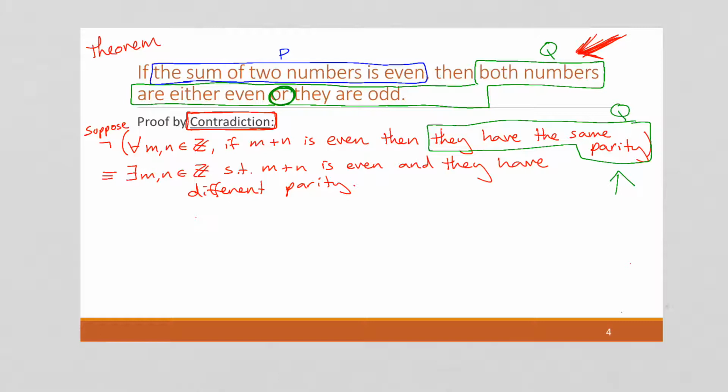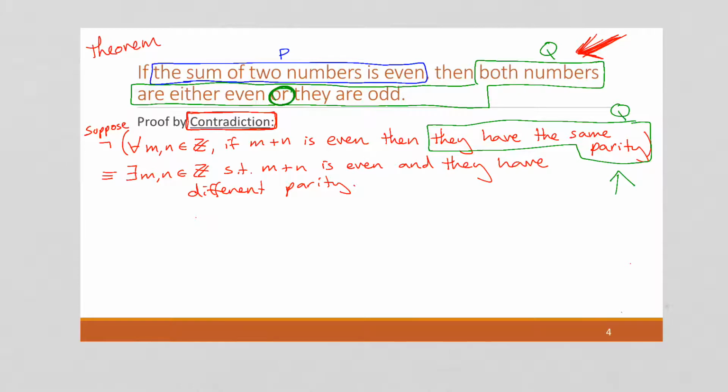At the end of this video, you'll see I have a typed up version where I do it the other way. Okay. So we're going to suppose that there exists an m and n in the integers such that m plus n is even and they have different parity.